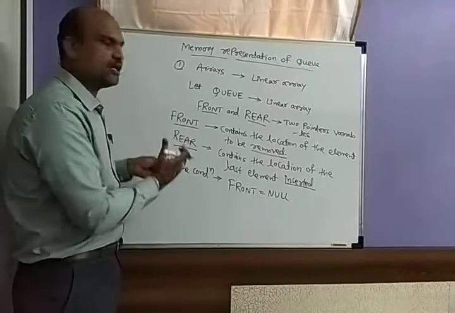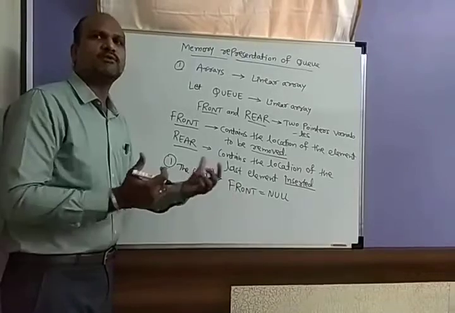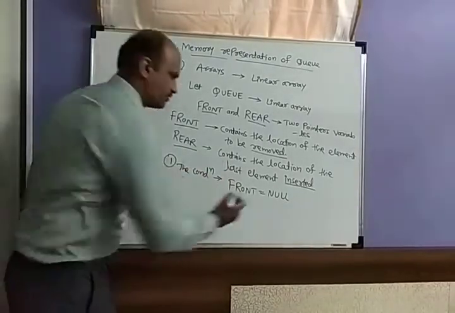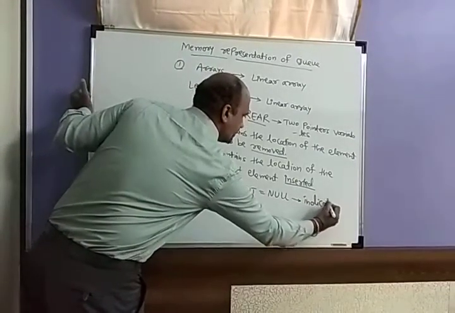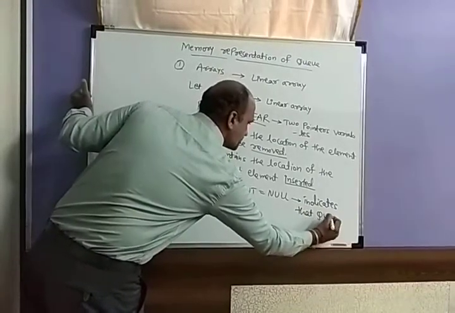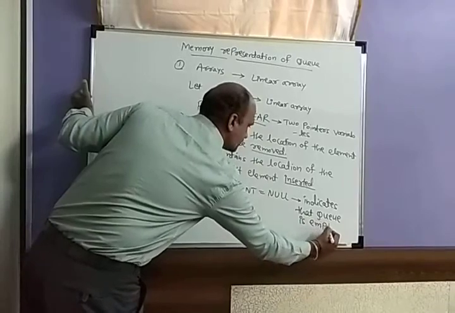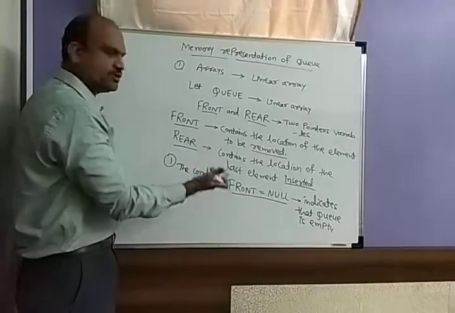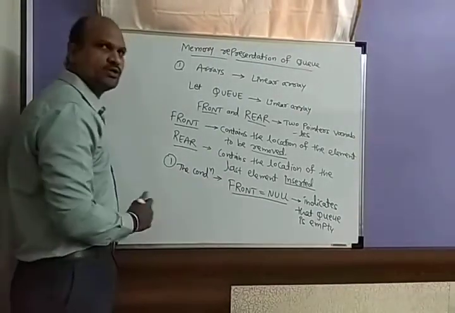If there are no elements to delete, that is, front is equal to null, then automatically the queue is empty. That is the first condition.